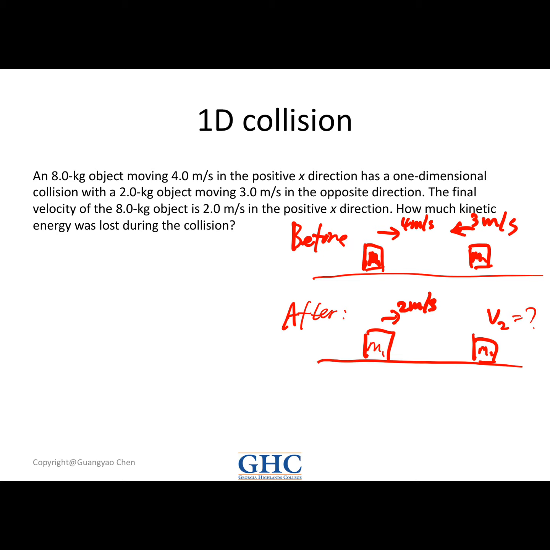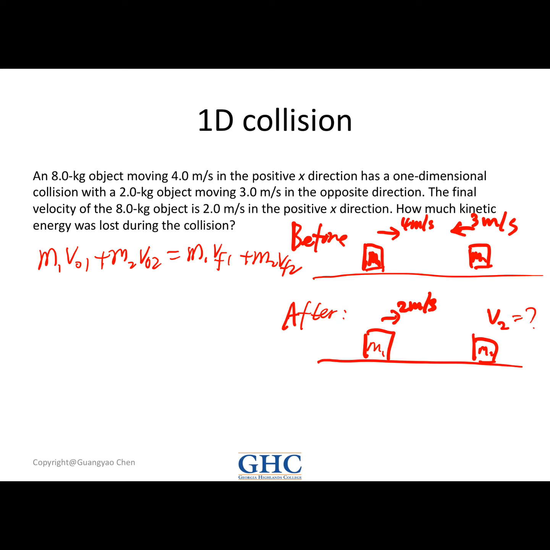but we do know it's a collision. So in a collision, momentum is conserved. So we just build a momentum conservation equation, m1 v01 plus m2 v02 equals m1 vf1 plus m2 vf2.